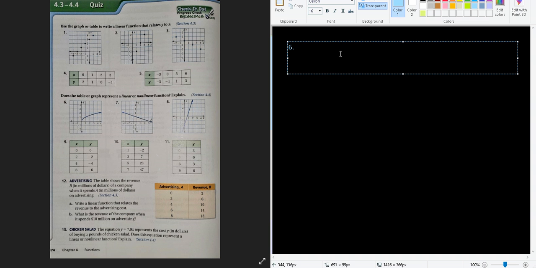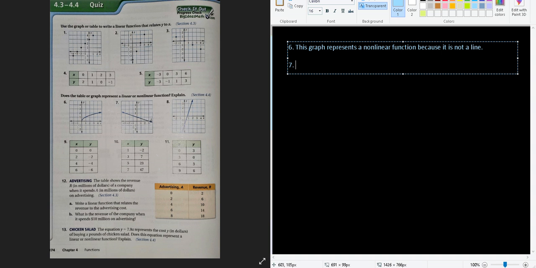I'm going to say for number 6, this graph represents a nonlinear function because its graph is not a line. I don't have to say its graph again, because it is not a line. So if you're given a graph, it's just visually, is it a line or not? If it's a line, it's linear. If it's not a line, it's nonlinear.